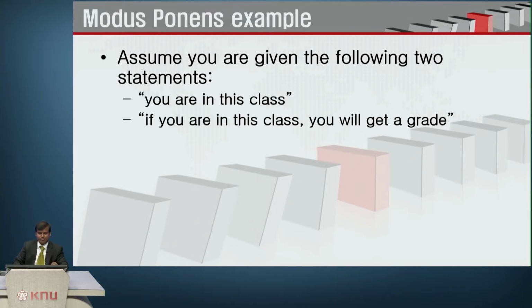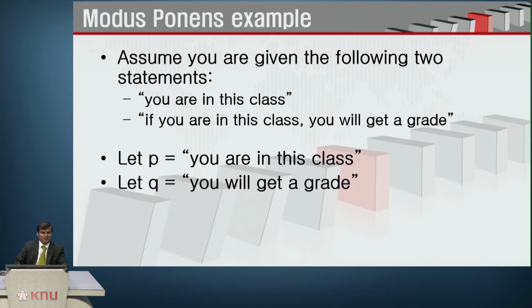The basic idea behind modus ponens is that, let's start with an example and see how it works. Say, for example, we are given two statements. You are in the class. If you are in the class, you will get the grade. So let P equal you are in the class, and let Q equal you will get a grade.